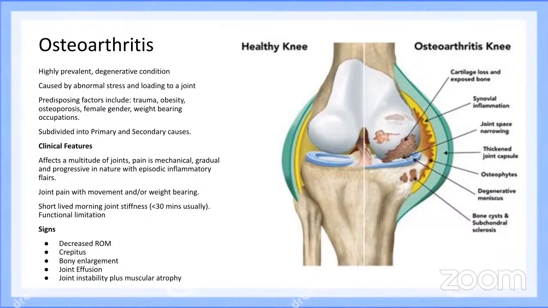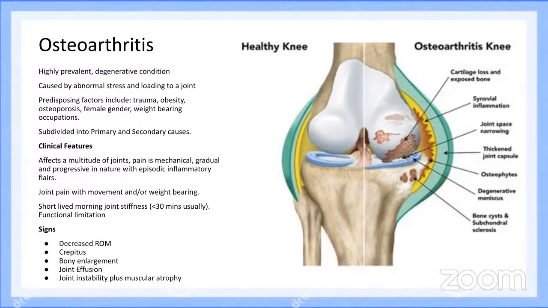The pain is generally described as mechanical, whereby the patient experiences more discomfort when the joint is in use. The pain and discomfort is usually gradual and progressive in nature and may or may not present with episodic inflammatory flares. Another important thing to ask on history is how long the morning stiffness lasts for, and in osteoarthritis, it's usually less than 30 minutes.